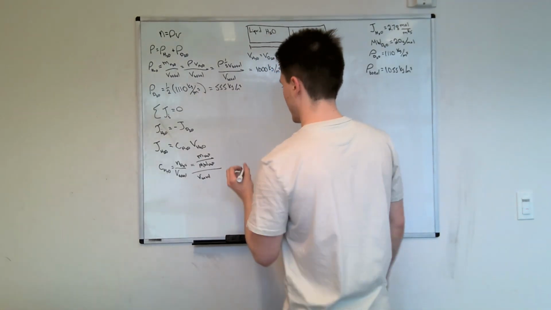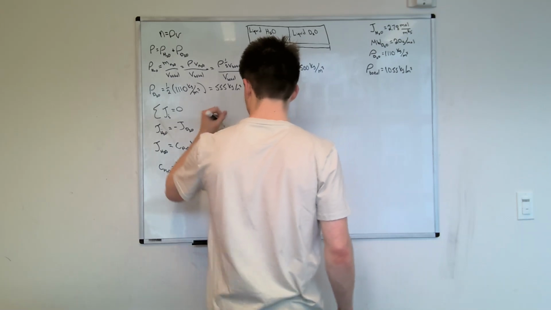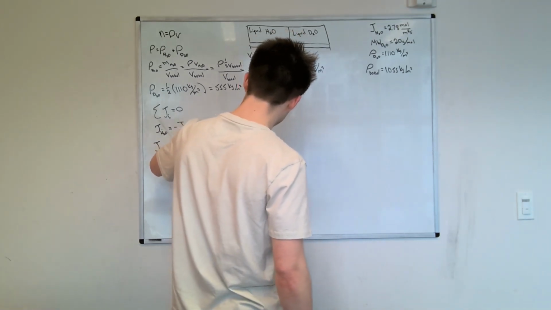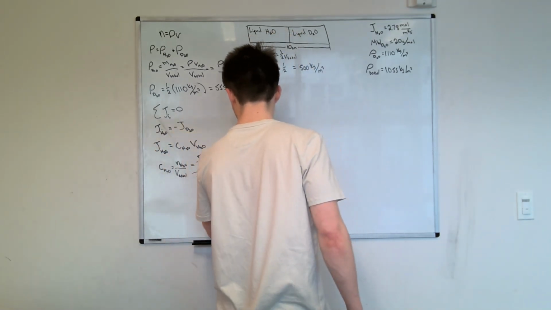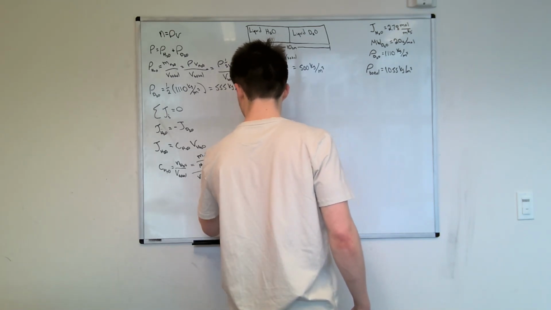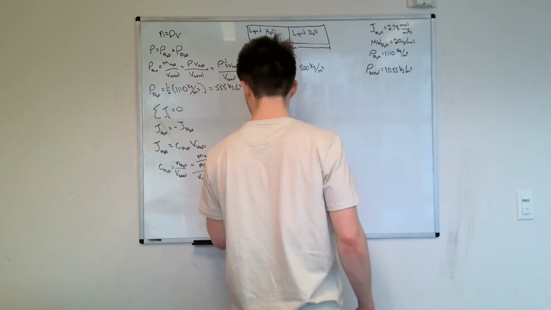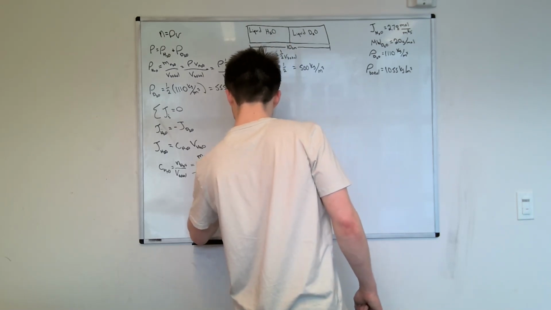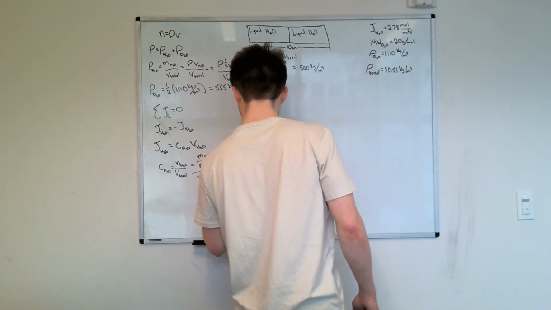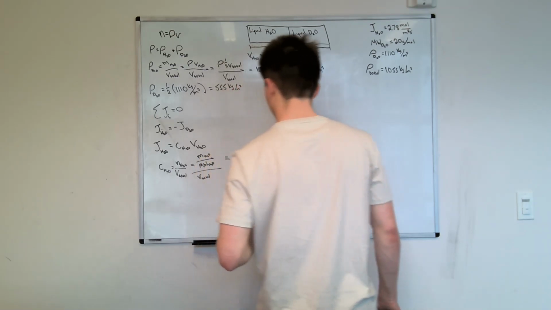And we know that the mass of H2O is equal to the mass concentration of H2O times the volume of H2O, divided by the molecular weight over the total volume.